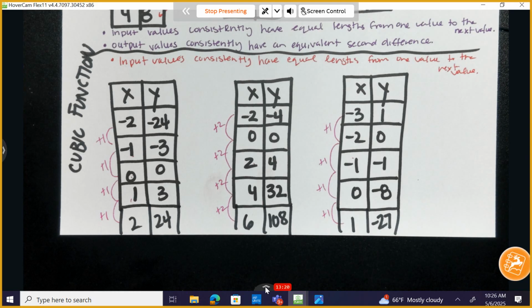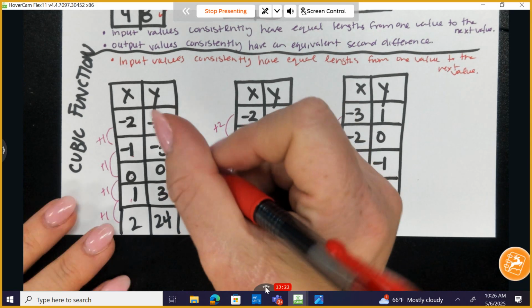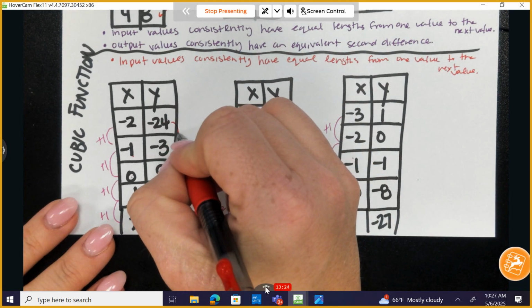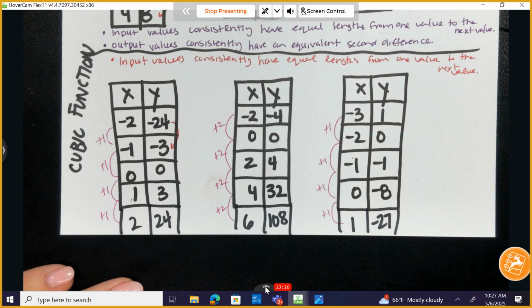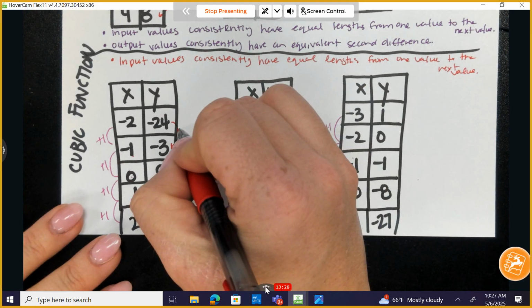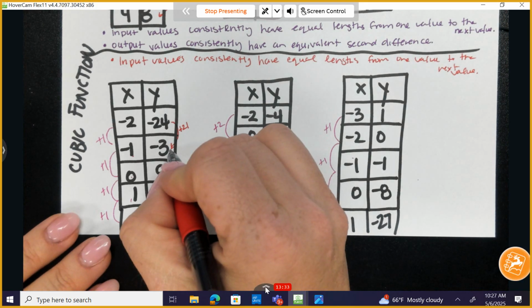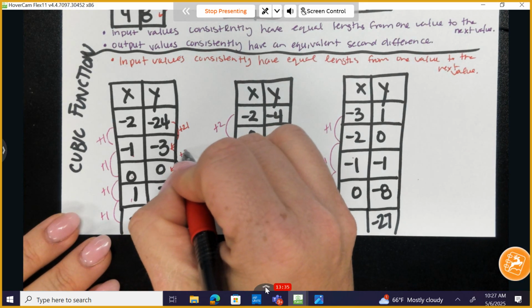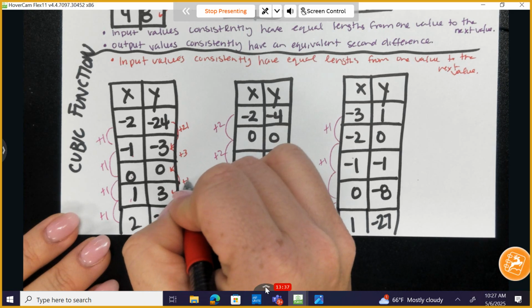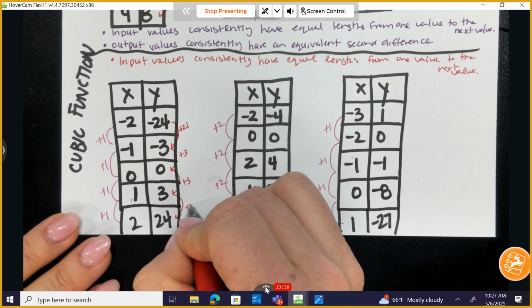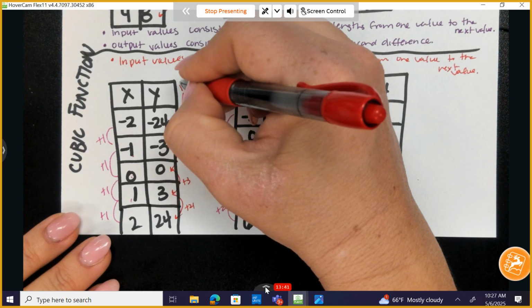Okay, now it's time to look at the differences. Here we go. You ready? We're looking at the outputs. From -24 to -3, I just went up 21. From -3 to 0, I went up 3, and then up 21. This is the first difference.